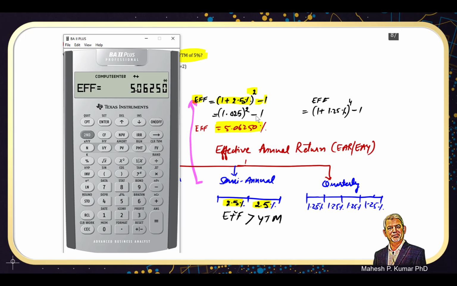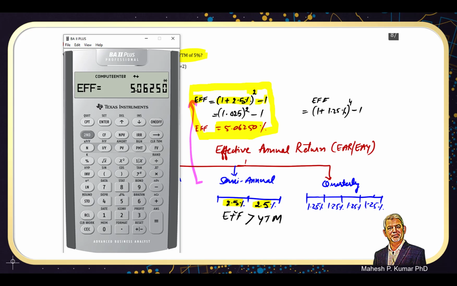So the effective annual rate of a semi-annual coupon paying bond is a little greater than YTM. You can either calculate it through the BA2 Plus professional calculator using the second iConvert function, or you can use this formula to calculate this number.